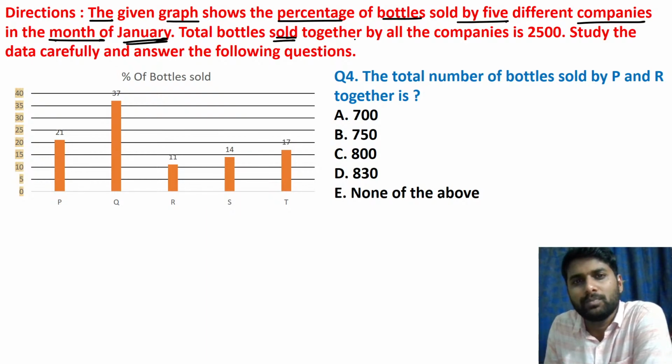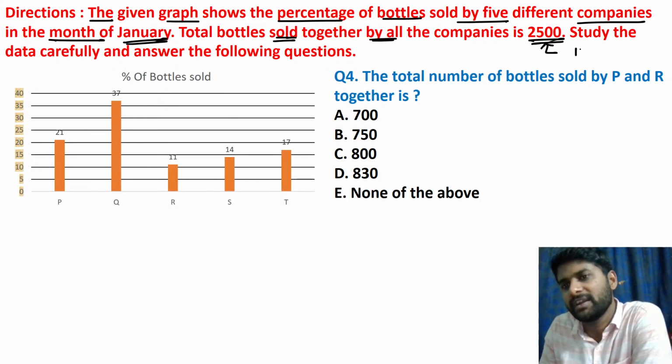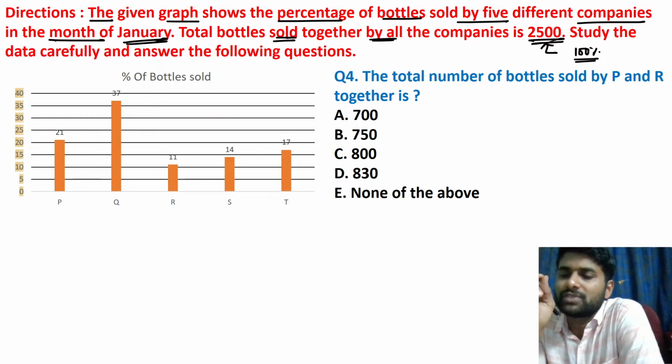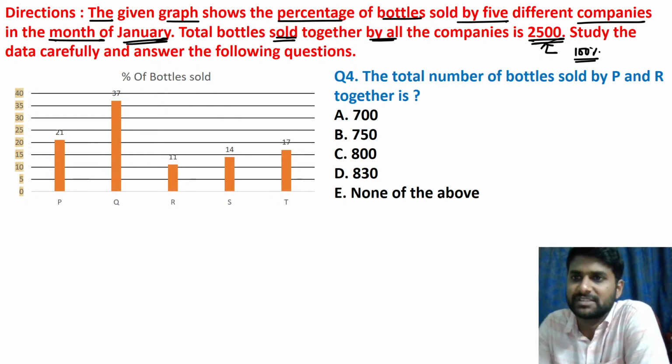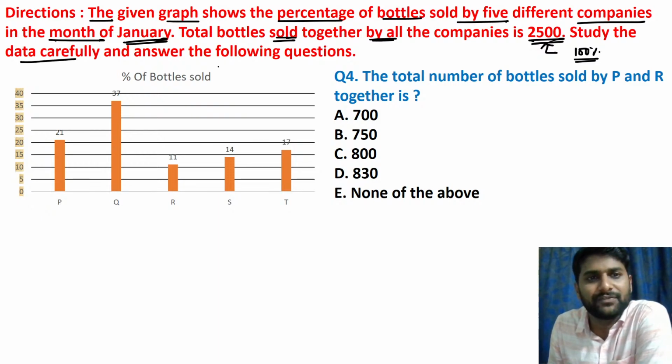The total bottles sold together by all companies is 2500, which is exactly 100%. Study the data carefully and answer the following questions.